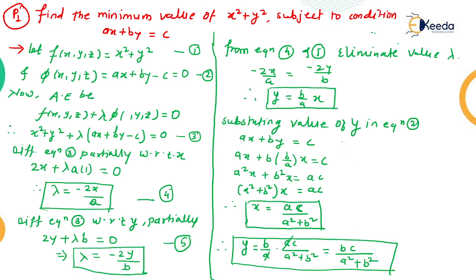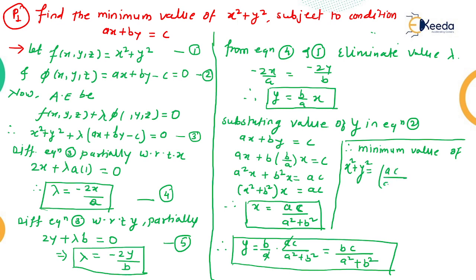Now let's see how to find the minimum of a function. Therefore, the minimum value of x square plus y square is very easy, you only have to substitute the values of x and y. X is ac divided by a square plus b square, squared, plus bc divided by a square plus b square, squared.